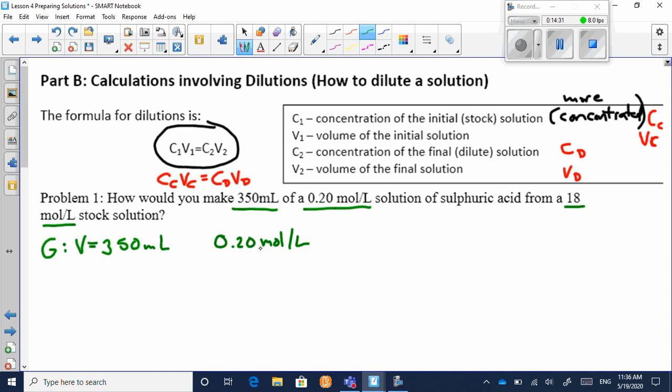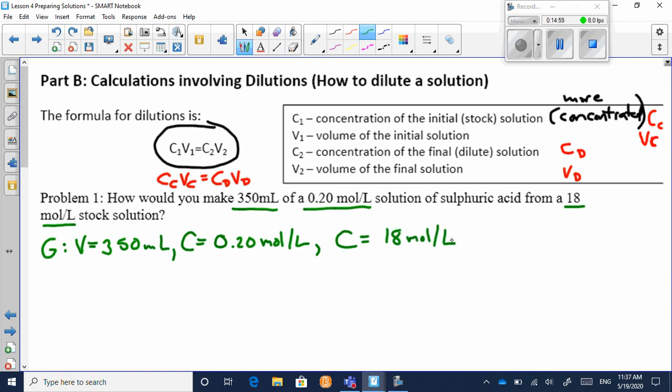Well, you'll recognize that mole per liter is a concentration. Okay, so I've been given a concentration, a solution of sulfuric acid from an 18 mole per liter stock solution. I'm going to put a little comma in here to show you that I've got different things. And finally, again, this one's also moles per liter, so hopefully you're going to say concentration is 18 moles per liter.